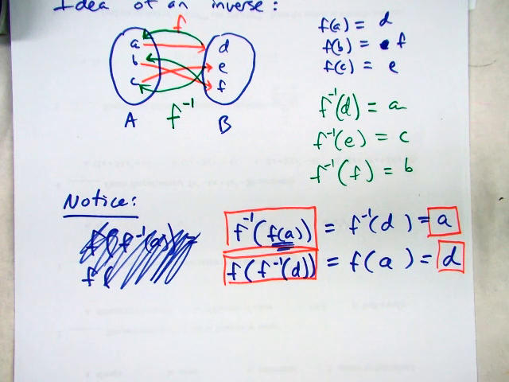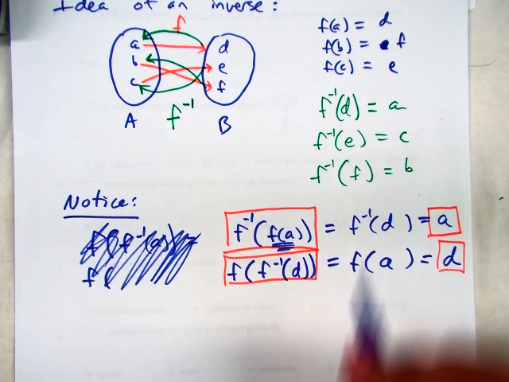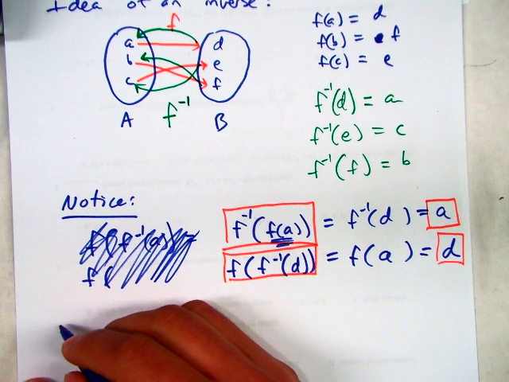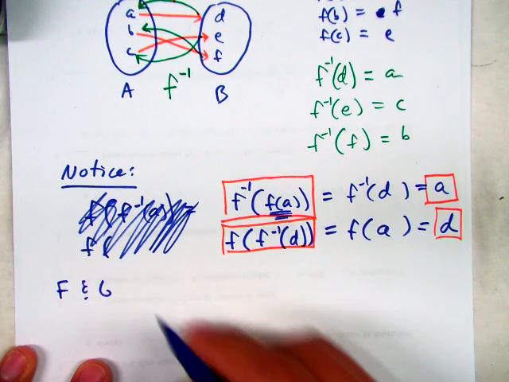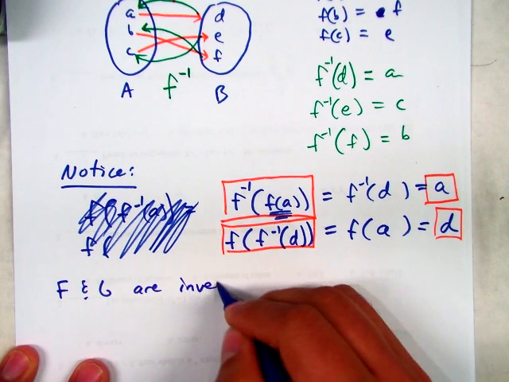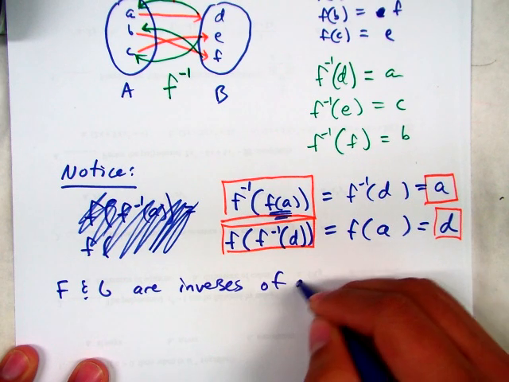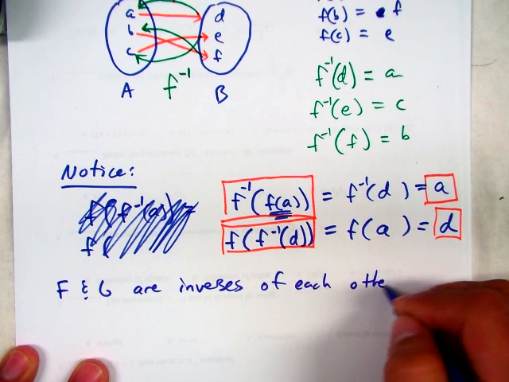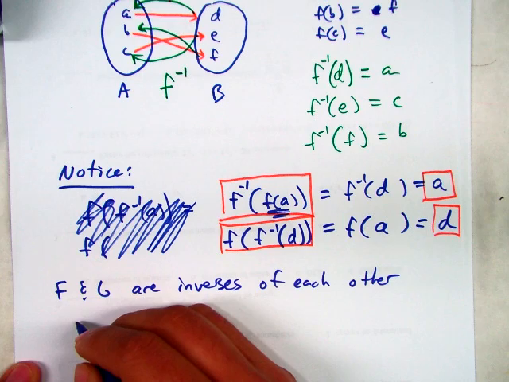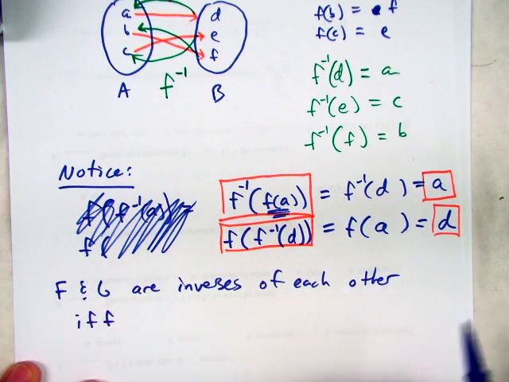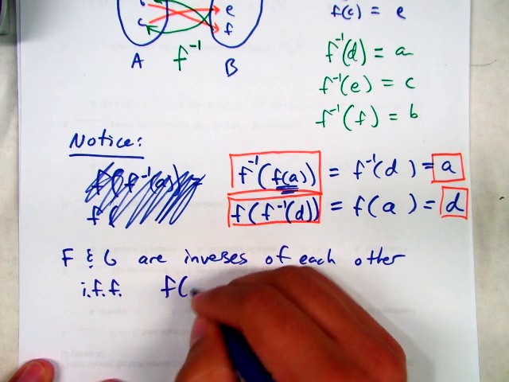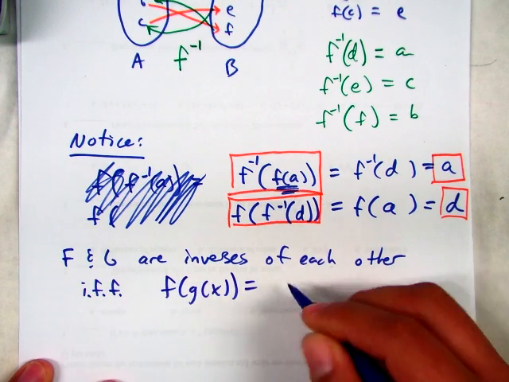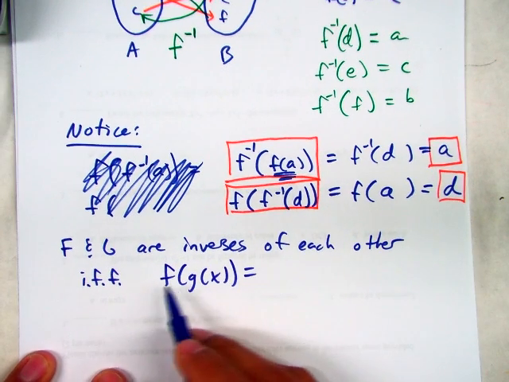Okay, so here's the formal definition. We say F and G, we're calling it F inverse, but F and G are inverses of each other if and only if, that's the abbreviation for if and only if, F of G of X. So if these are inverses, what should my answer be here?